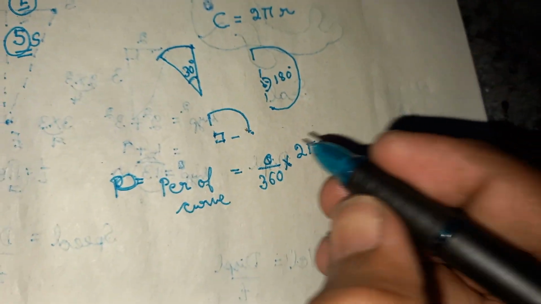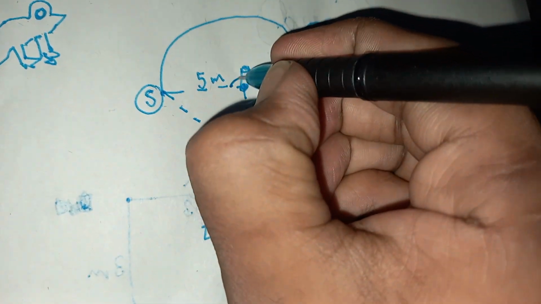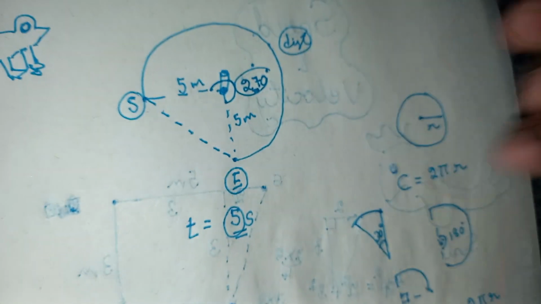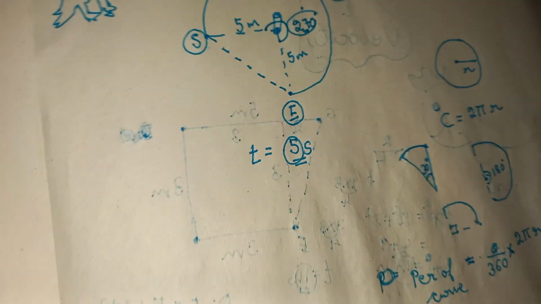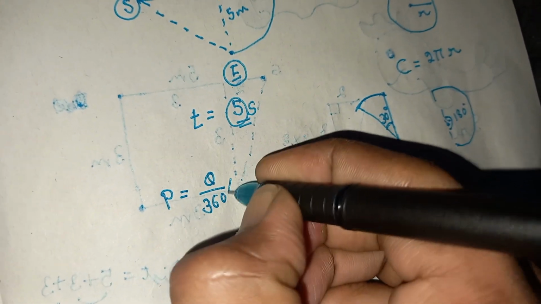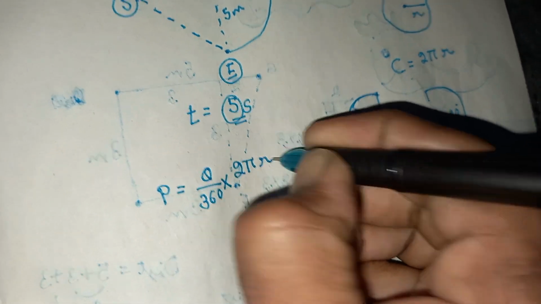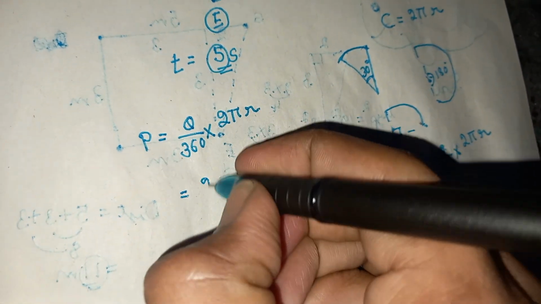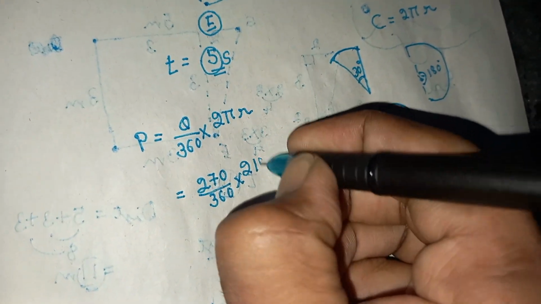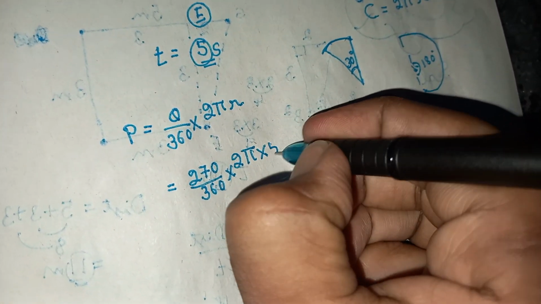Now here they have given 3/4 of a circle, so you can take this complete thing as equal to 270 degrees. So here you can find the curve, that is the perimeter of the curve. This perimeter is equal to theta by 360 times 2 pi r. Here theta is given as 270 degrees, by 360, times 2 pi times the radius, which is 5 meters.